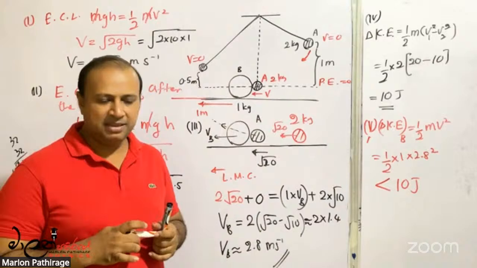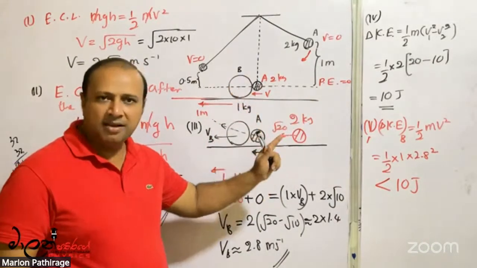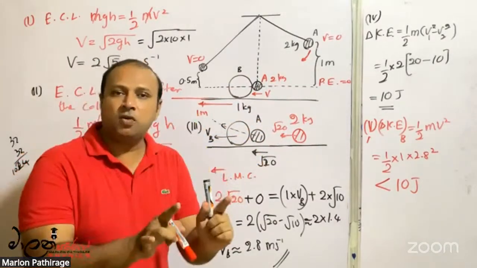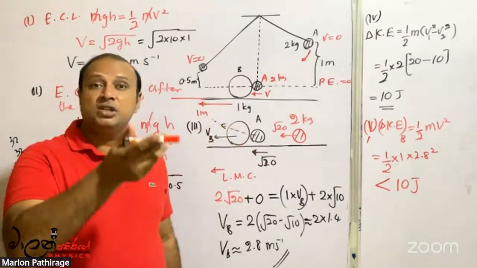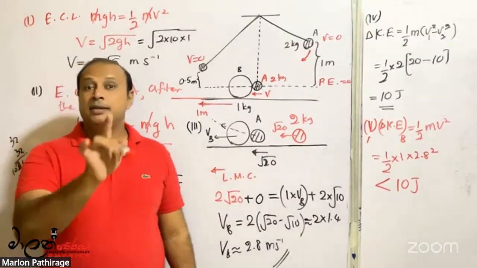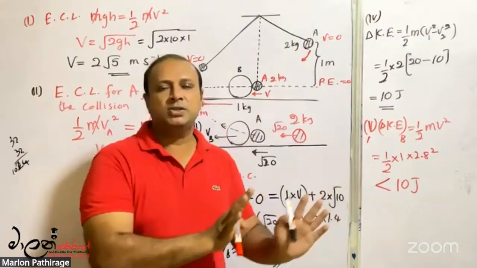Therefore, the kinetic energy loss in object A is not equal to the energy gain in B. That means there is a permanent loss of kinetic energy.